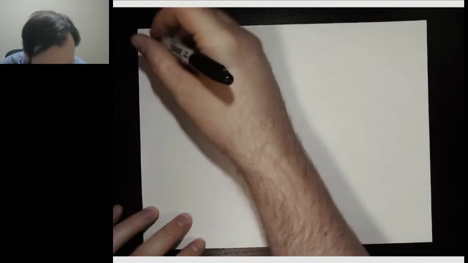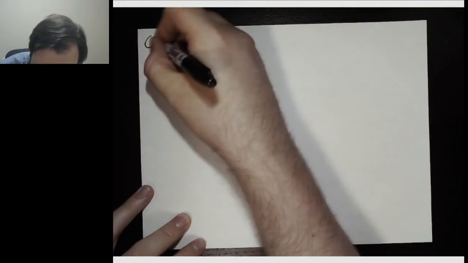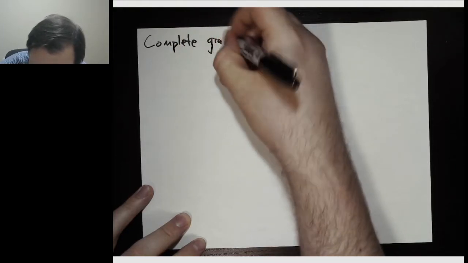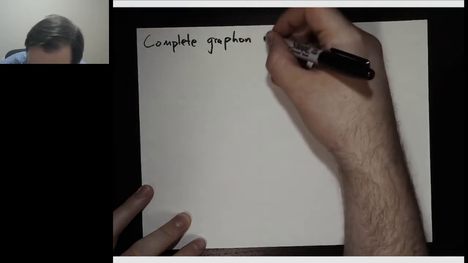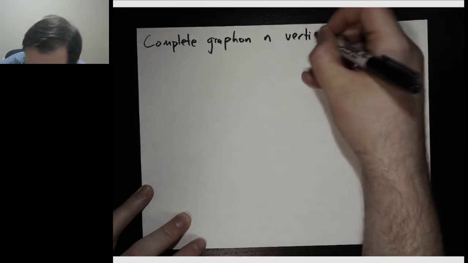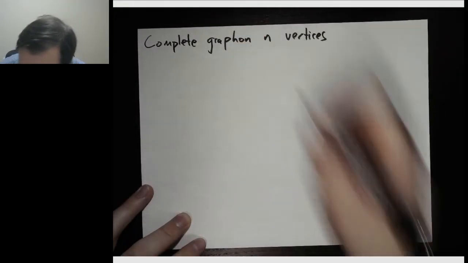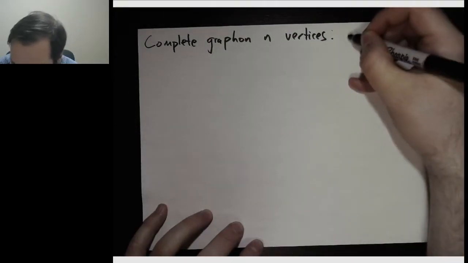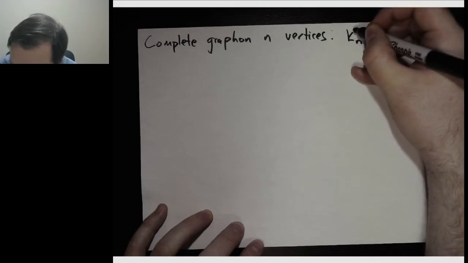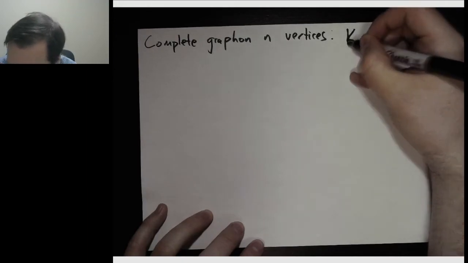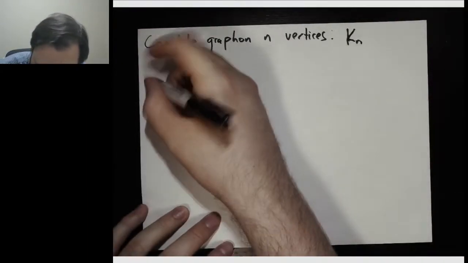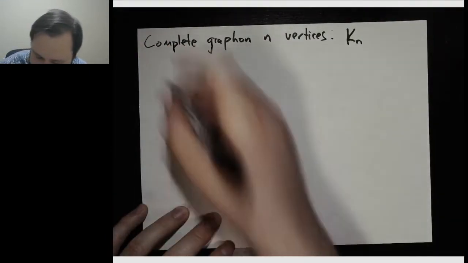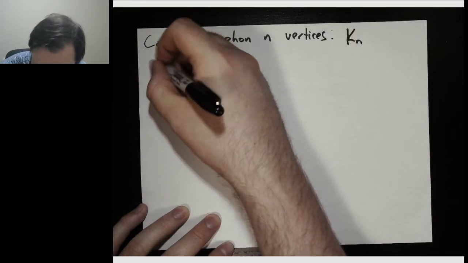So the first type I want to talk about is the complete graph on n vertices. Sorry, there should really be a space in there. Graph on n vertices, which we notate K sub n, it's capital K. So the complete graph on n vertices has every possible edge.